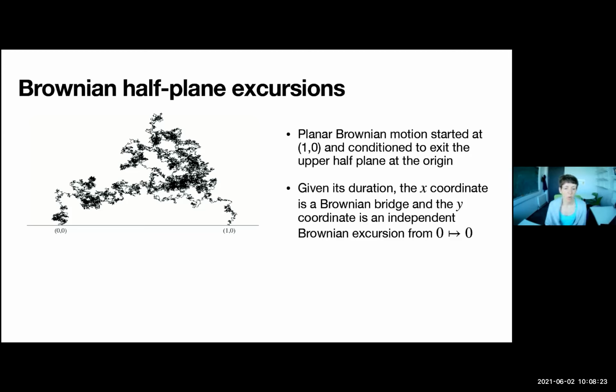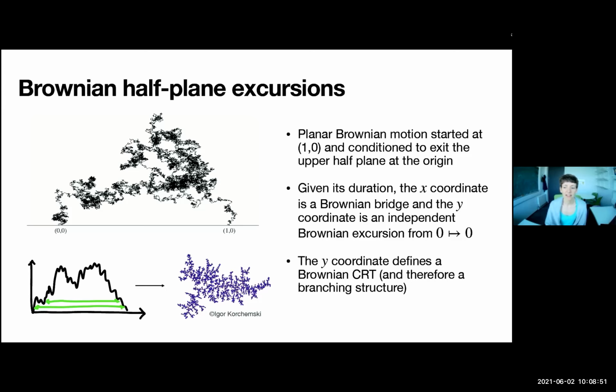And one point which is going to be quite relevant in today's talk that I want to emphasize a little bit is that in this Brownian half-plane excursion, because the y coordinate is just a linear Brownian excursion, we actually have a natural branching process which is embedded inside the process. Because as I hope lots of people know, if you have a linear Brownian excursion, then from this you can build something called the Brownian CRT.